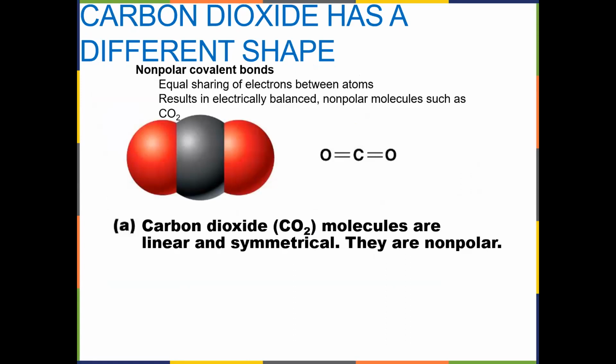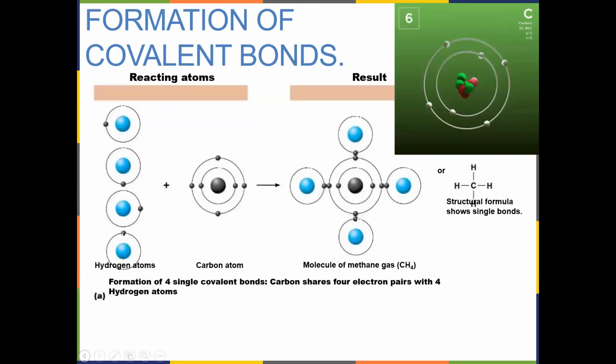Now, some molecules do it differently. Carbon dioxide lines up in a straight line. Let me go back one here. A methane molecule looks very much like it does here in the illustration. It has a 4-sided structure. You have a hydrogen atom on each side of it.